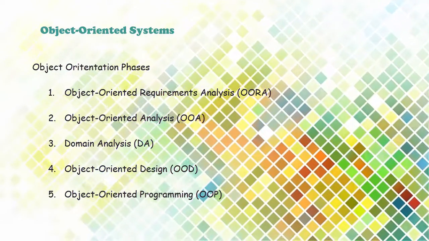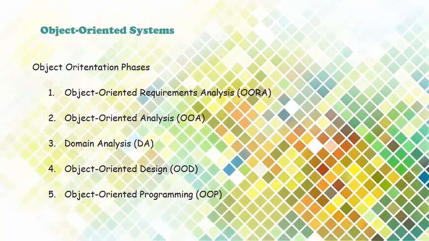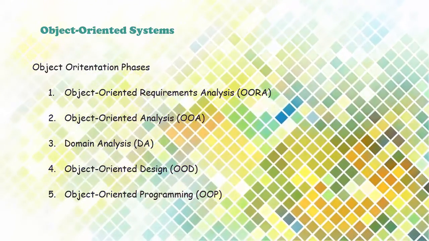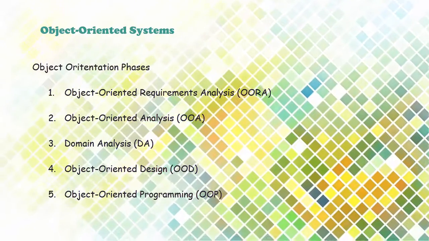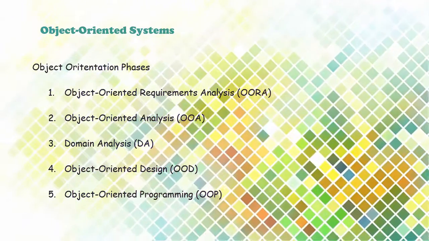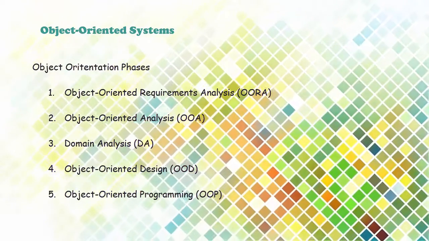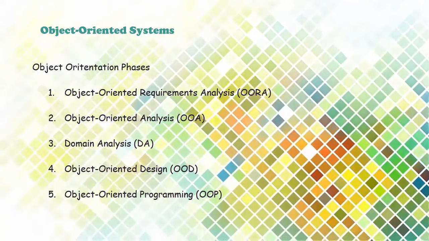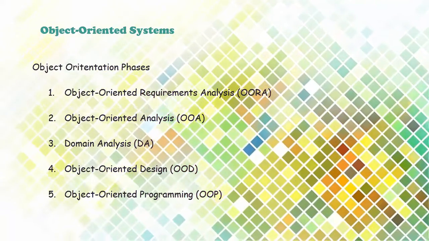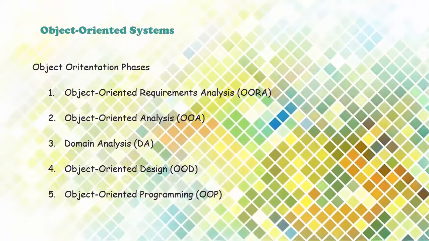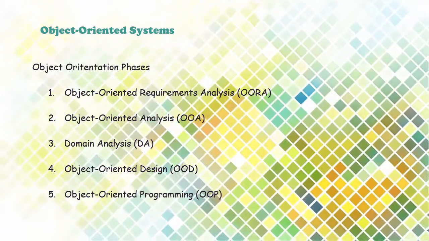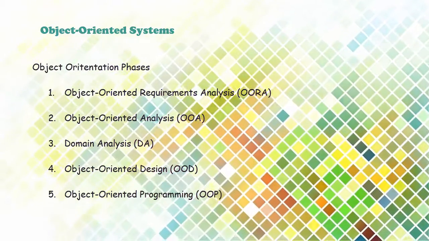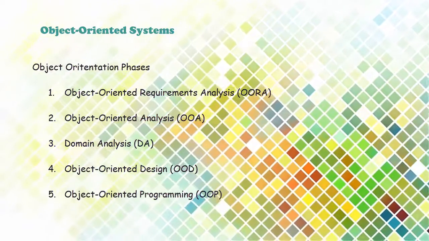The fourth phase is object-oriented design, where the object is the basic unit of modularity, and objects are instantiations of a class. And the last phase, object-oriented programming, emphasizes the employment of objects and methods rather than types or transformations as in other programming approaches.